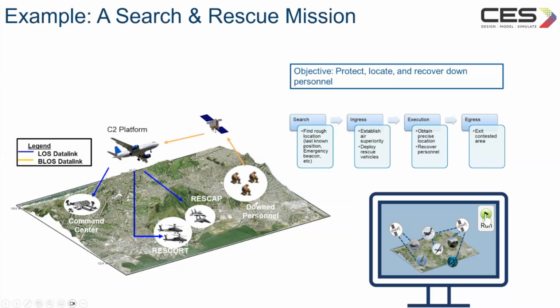If you look into this example, the success depends on multiple systems working together, including the command center, C2 aircraft, satellite, rescue helicopters, and communication networks. How to make sure everything is working perfectly? Each system contributes a capability, but the mission success comes from their integration. We need to make sure this integration is working.